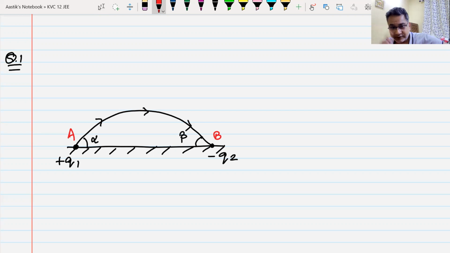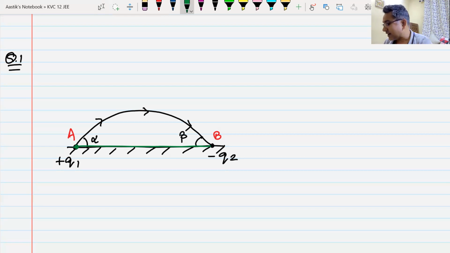And the line from B, from minus Q2, will make an angle of pi, 180 degrees. If I draw this, the line from here will come like this and join it here. So the angle is 180 degrees. And since it is coming out from point A, the angle would be alpha.